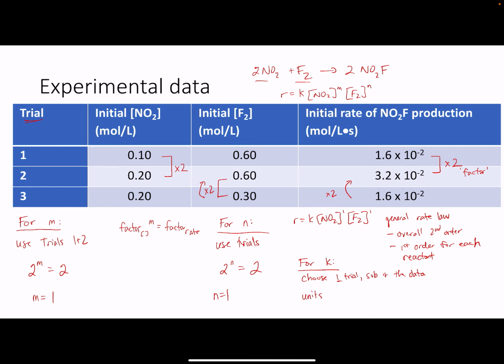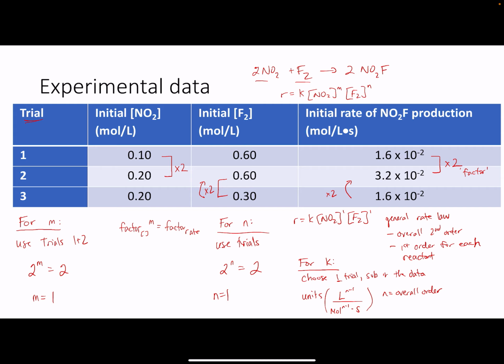And remember that the units are L^(n-1) over mol^(n-1) times seconds, where n is equal to the overall order. In this case, it would be second overall order, so they each have the exponent of 1 on them. So you can try that and punch it in. Again, be careful with your scientific notation.